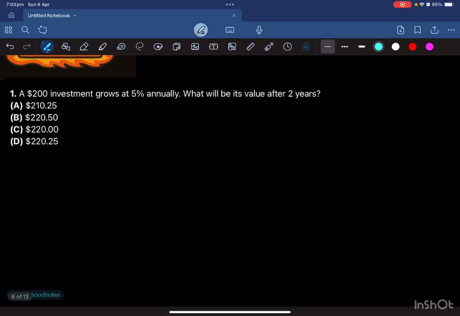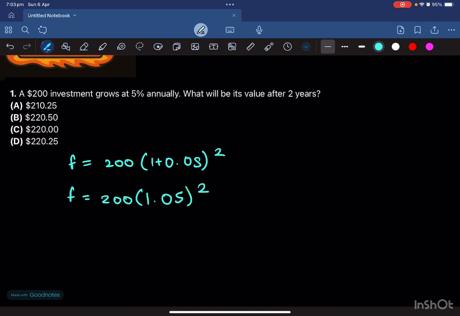Let's start with another question. It's a very basic one. A $200 investment grows at 5%. Okay, we have already been given that. We have to find 200 times (1 plus 0.05) to the power 2, so 200 times 1.05 squared.